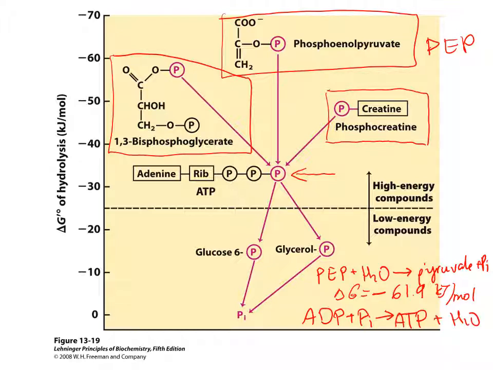This reaction has a delta G of, obviously, plus 30.5 kilojoules per mole. So this reaction is not happening just by itself. Okay, now let's open up a new page and see what's actually happening there.